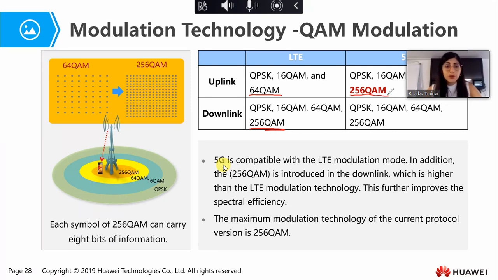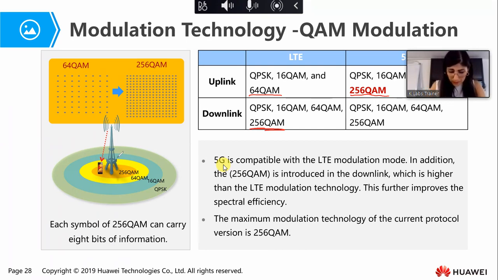But we have to consider also the distance, again, of our terminal to the base station. Because we know we have 256 symbols representing our signal. But considering the bandwidth, the more symbols we have, the closer the symbols will be to each other, as is represented in this image.